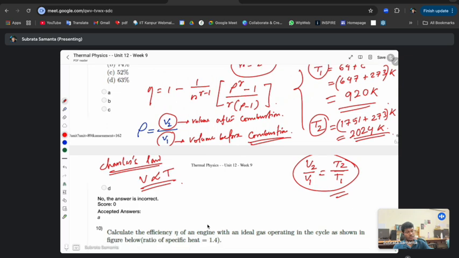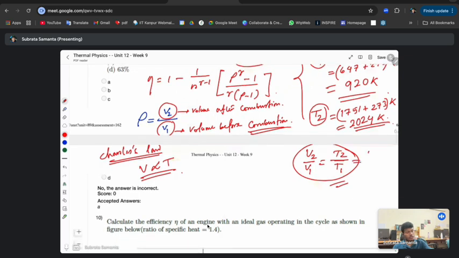So this is 2024 over 920. What is the value of this? 2024 divided by 920 is basically 2.2. So this is the rho value, the value of rho is basically 2.2.